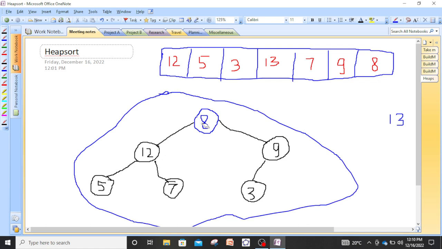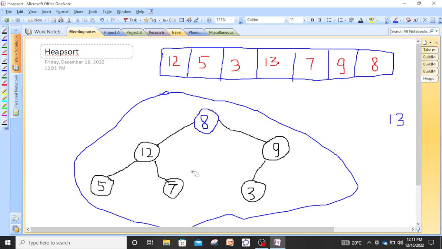I show you. So max heapify starts from a node, and that node here is the root node 8, and if you compare this 8 with its children, 12 and 9. Among these two children, 12 is greater. 12 is greater than 8, 9 is also greater than 8, but the largest one is 12.